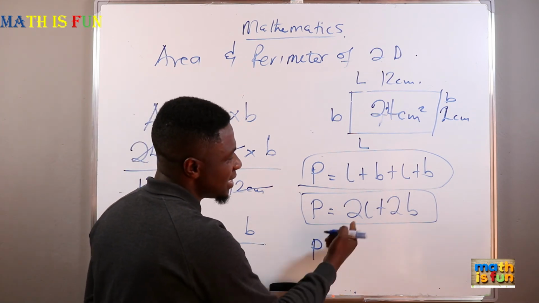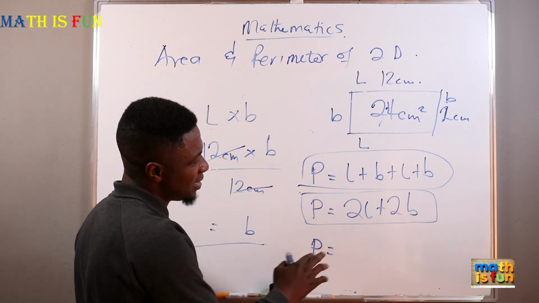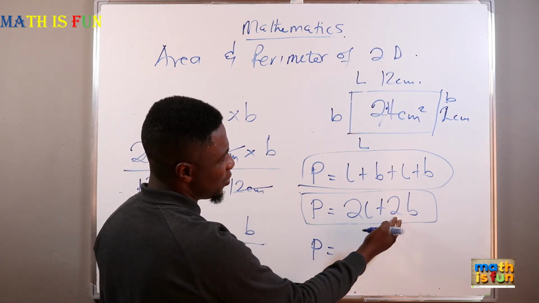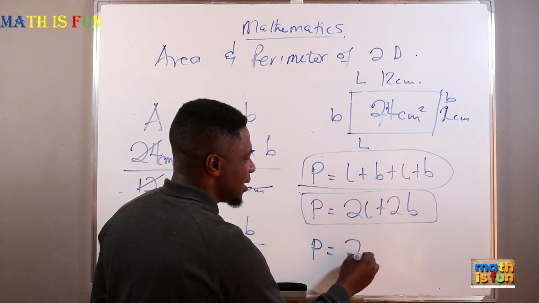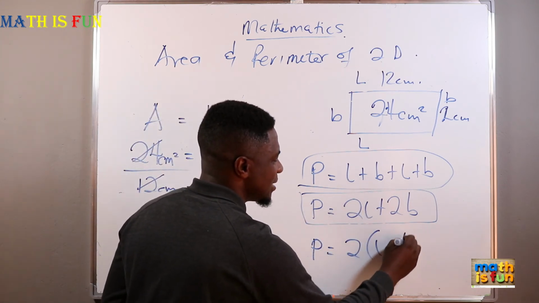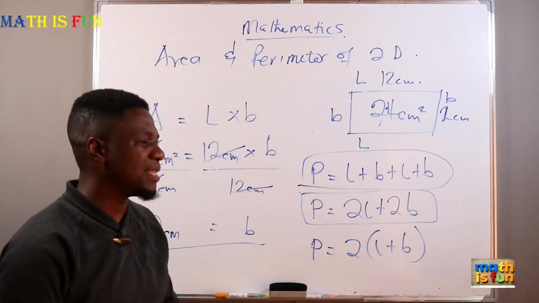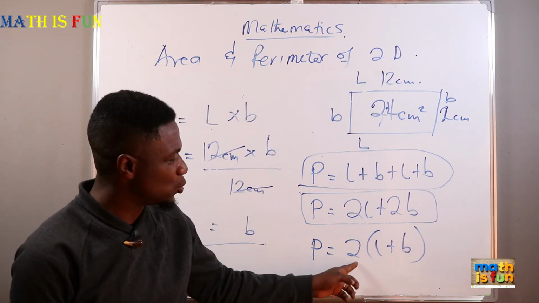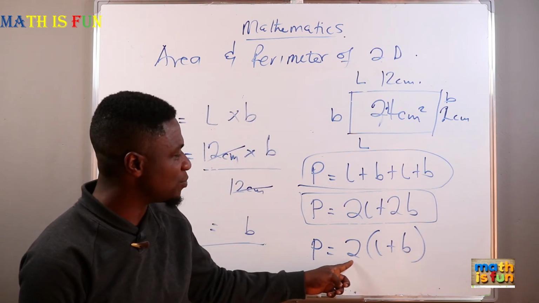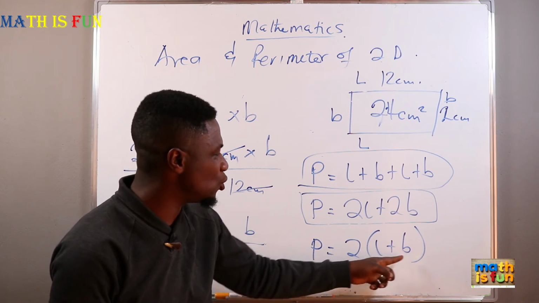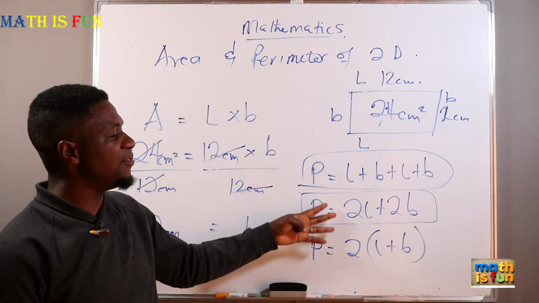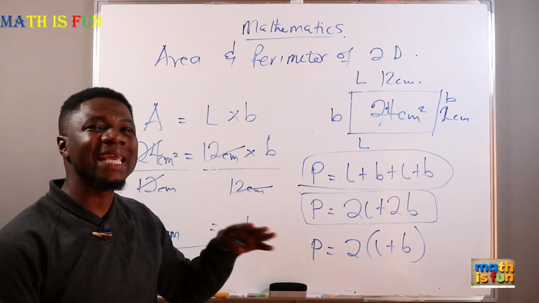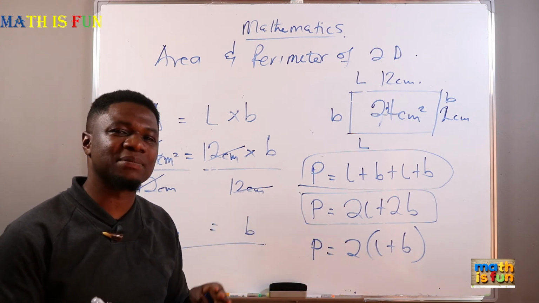So instead of going that way, the person will say, okay, 2l plus 2b, so I can take out the 2, then we have l plus b, which is the same thing. 2 is multiplying l, so 2l, plus 2 is multiplying b at the same time, so 2b. We get back to the same thing. So within the 3 formulas that we have here, you can use any of them, then you do your substitution.